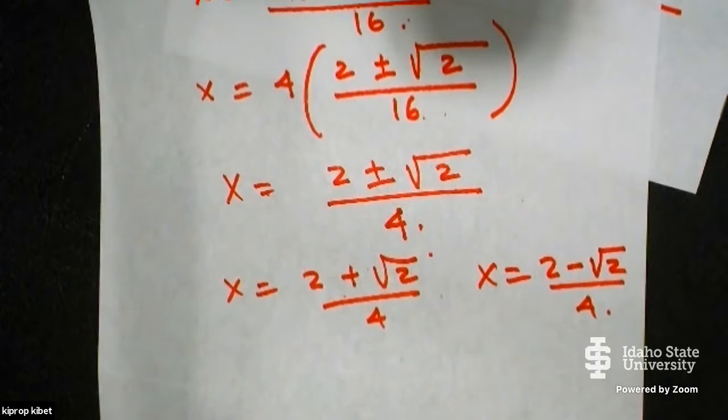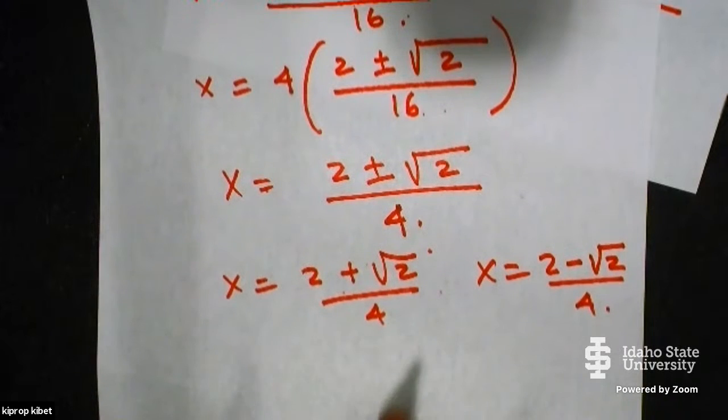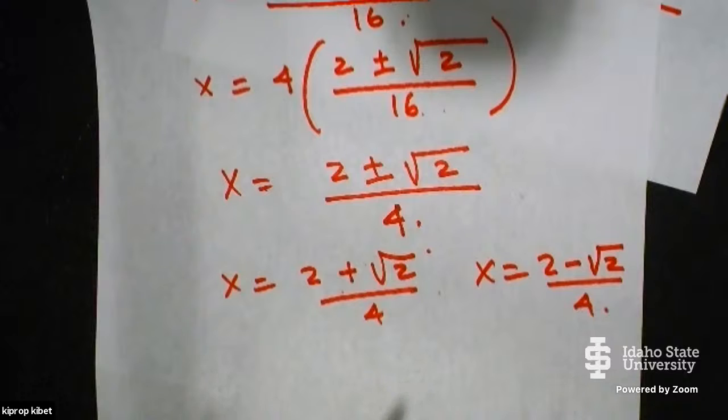If you use your calculator, what will you get? 2 plus the square root of 2, divided by 4.